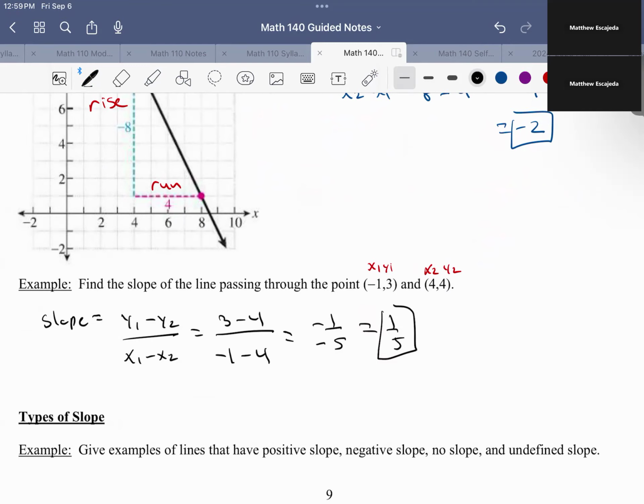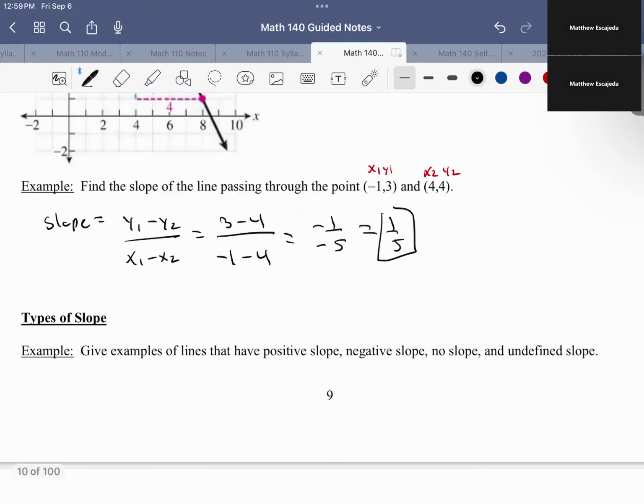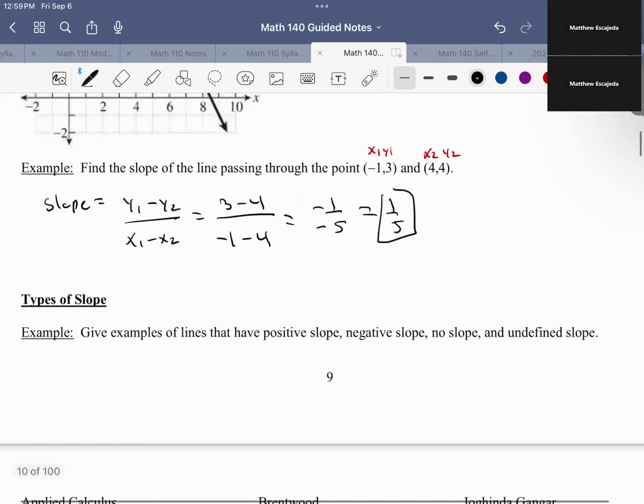So now let's go ahead and check out some types of slope. Given examples of lines that have positive slope, negative slope, no slope, and undefined slope. So let's look at some generic examples.